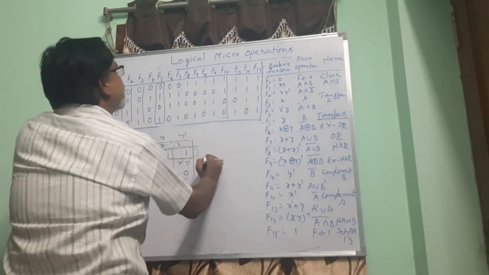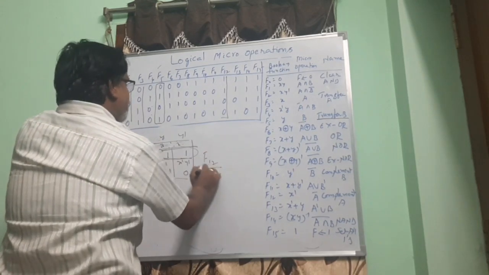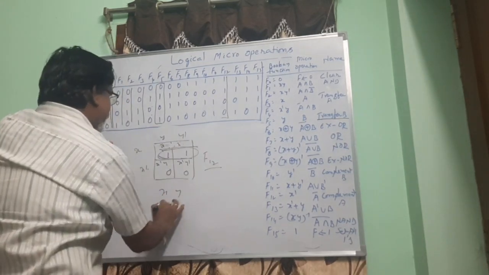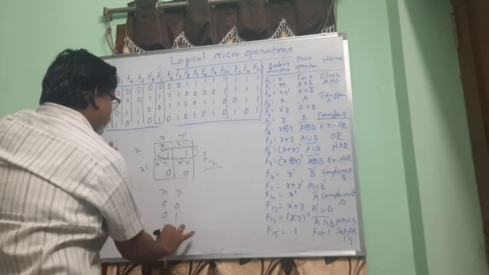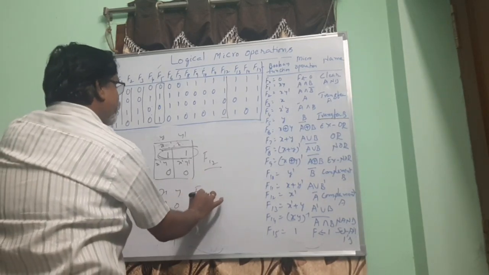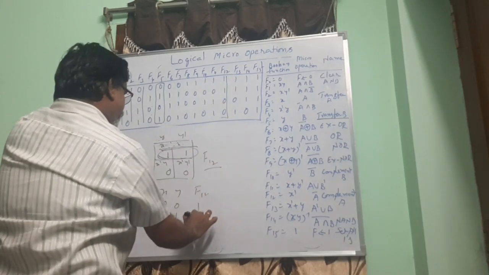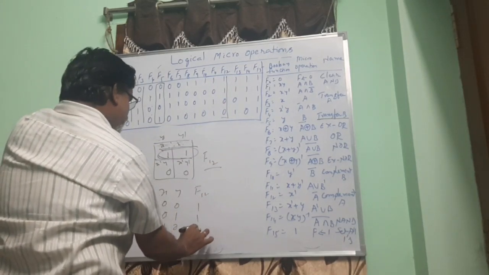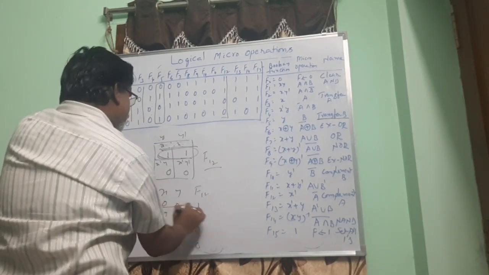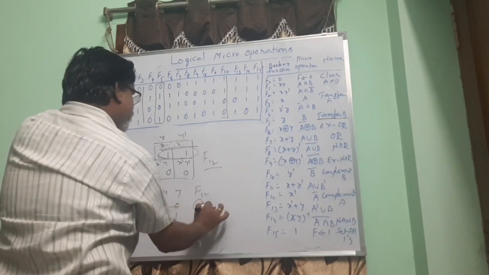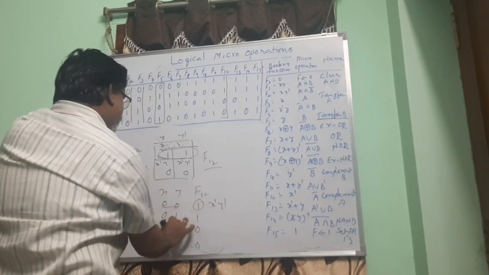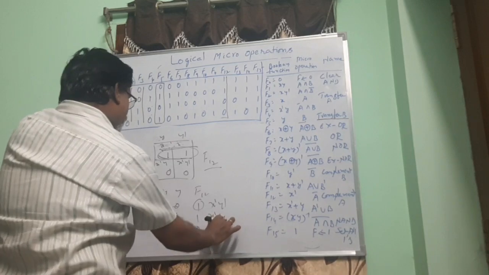Or else you can see the F12 function. So x y: 0, 0, 0, 1, 1, 0, 1, 1. The F12 output will be 1, 1 and 0, 0. So this is how you get this x bar, y bar. This is x bar, y.